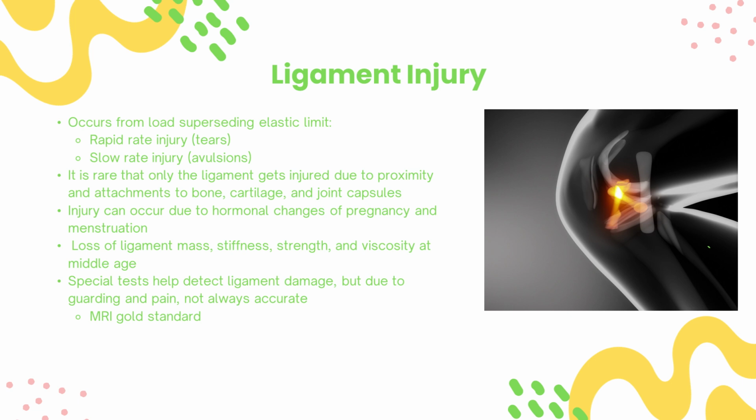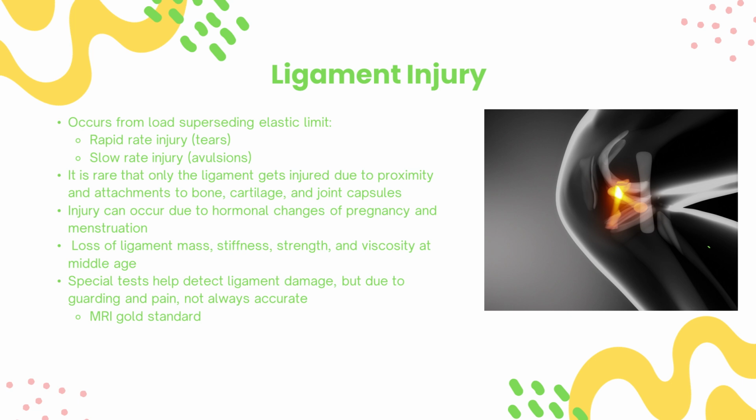But ligaments also do a unique thing where they can have avulsion fractures. The tendons can do this too. And this comes in when it's more of a slow rate and that load is gradually just increasing and increasing to where the ligament cannot sustain that load anymore, and it pulls and yanks on its insertion site and pulls some of the bone or the cartilage off.